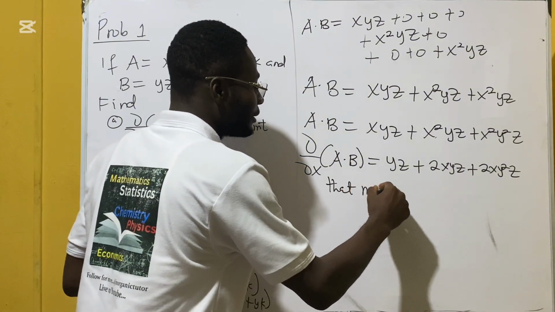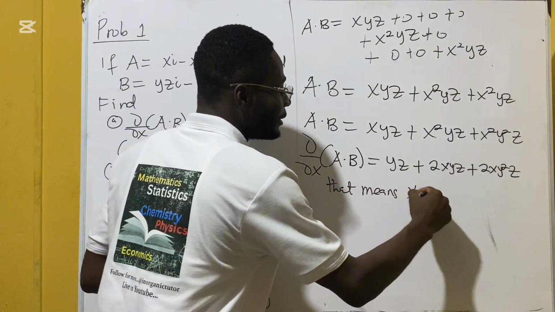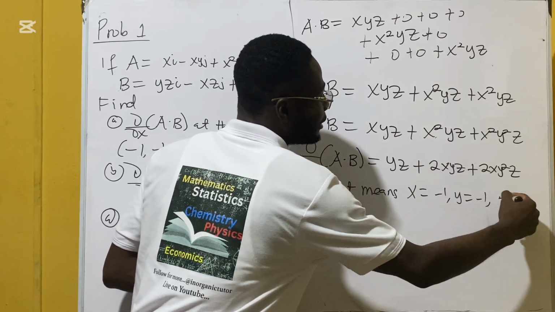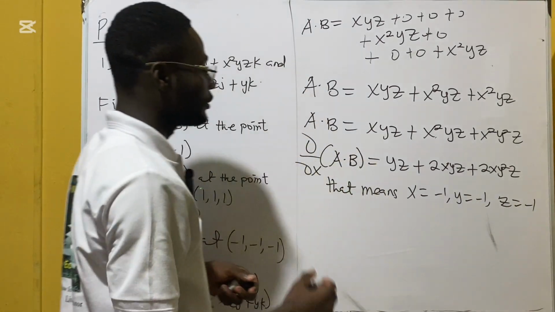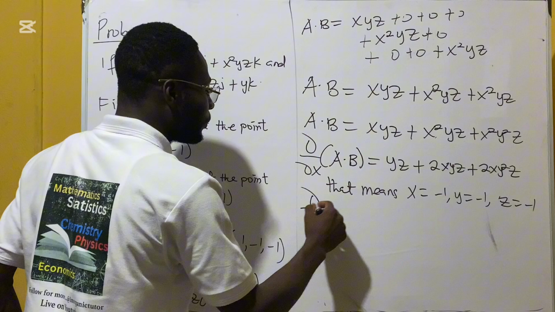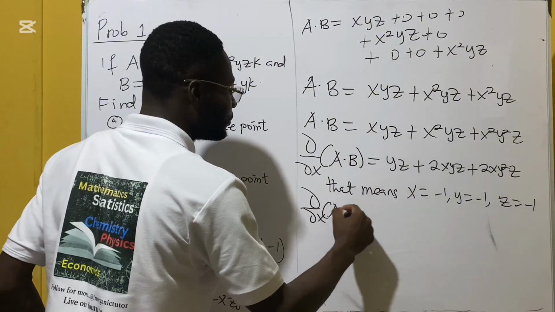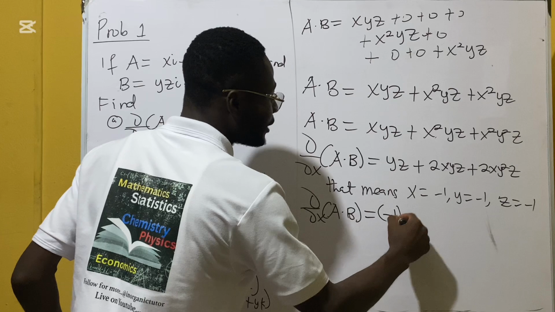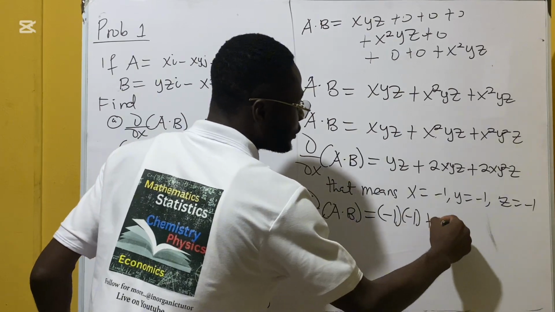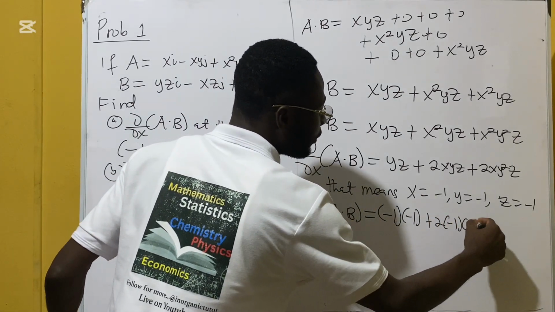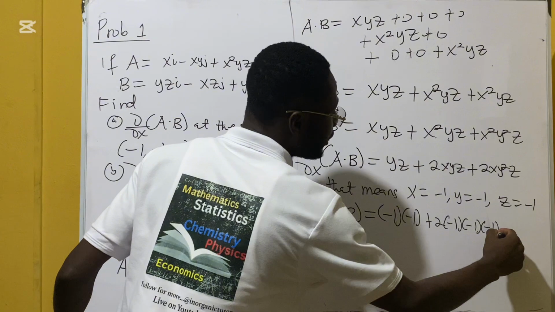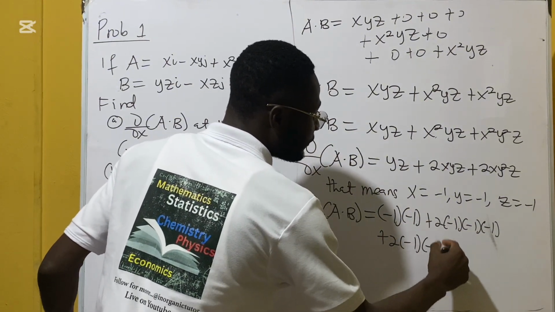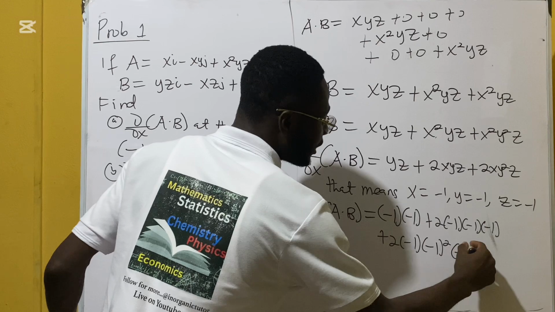That means that x is equal to -1, y is equal to -1, and z is equal to -1. So we have the partial with respect to x of a dot b equal to -1 times -1 plus 2 of -1 of -1 of -1 plus 2 of -1 squared of -1.